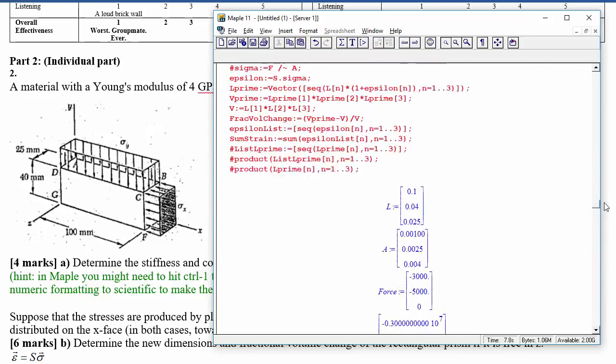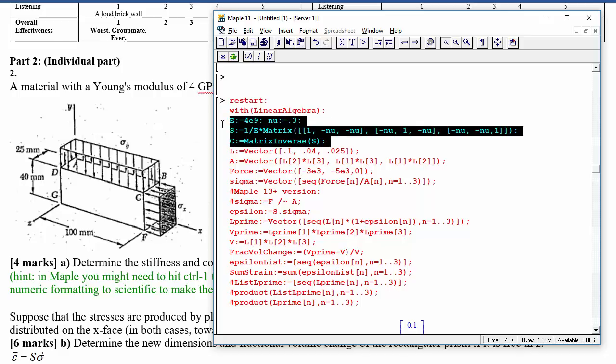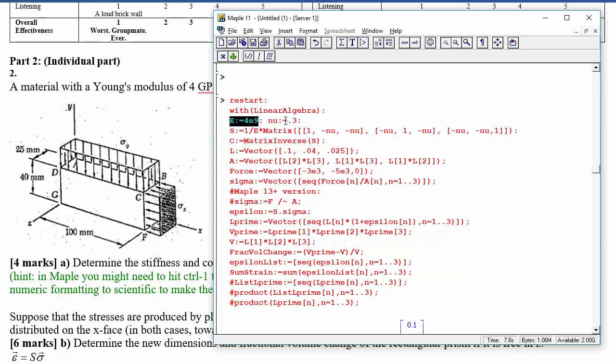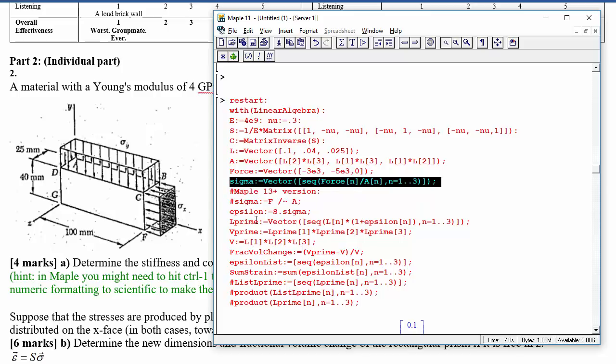Okay, so to recap, I enjoyed looking at these different ways to sum things up in Maple. But basically, we took our Young's modulus and our Poisson ratio. We figured out the compliance matrix. The stiffness matrix is just the inverse of that. And then we wrote out the stress by dividing the force on each side by the area of that side.